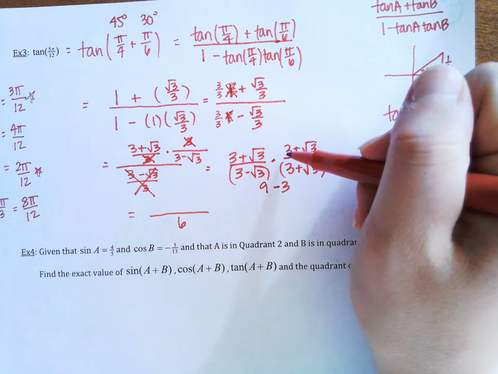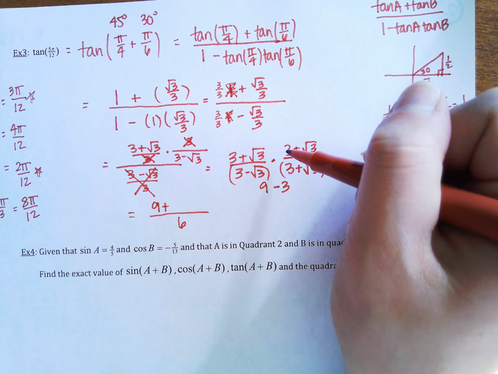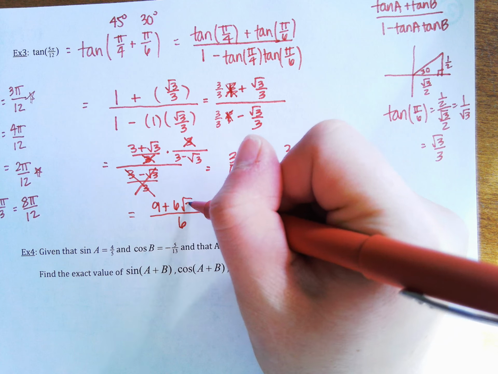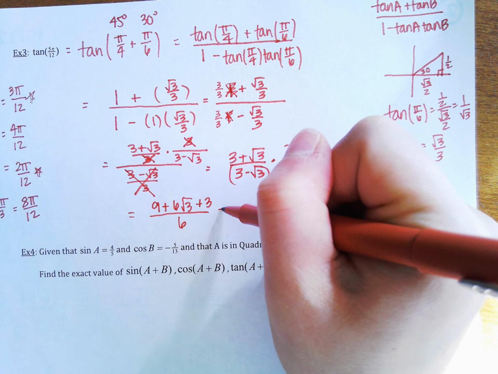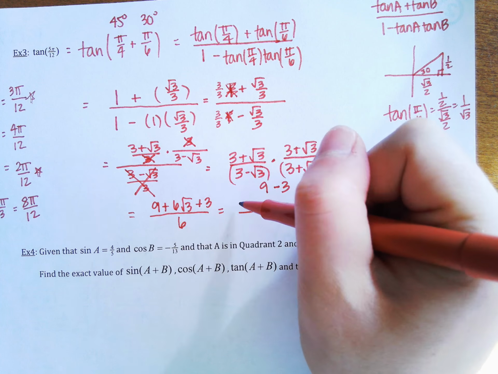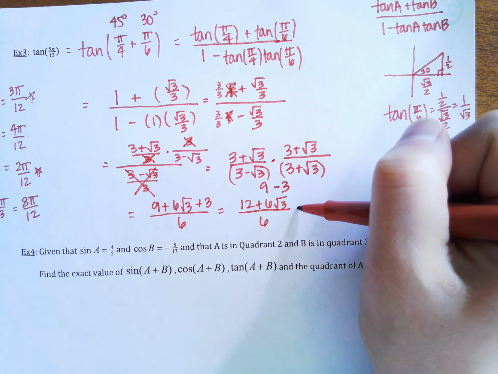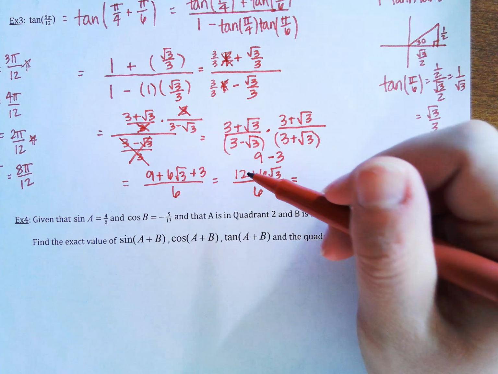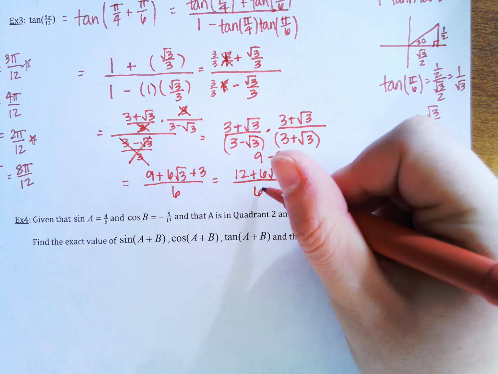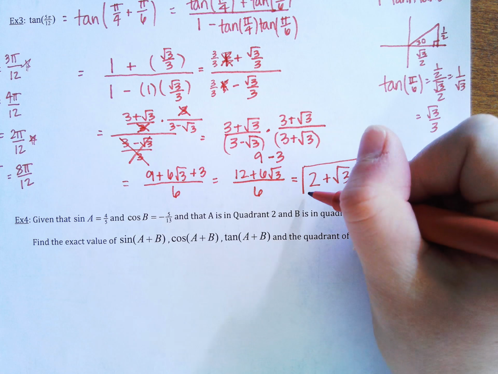On the top, we'll have 9 plus 3 root 3 plus 3 root 3, so plus 6 root 3, and then plus root 3 times root 3 is 3. So altogether we get 12 plus 6 root 3 over 6. And this thing can simplify down because everything is divisible by 6. So 12 divided by 6 is 2, 6 divided by 6 is 1. So you get 2 plus root 3.